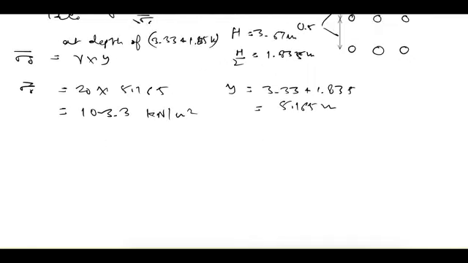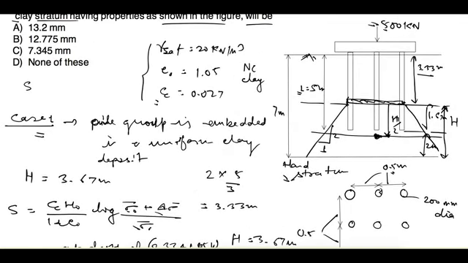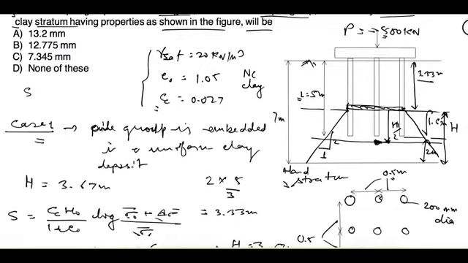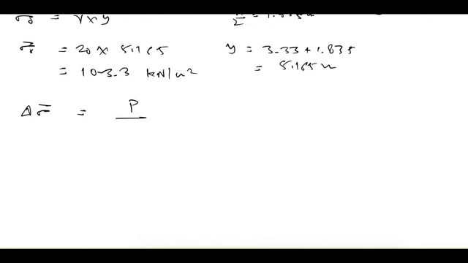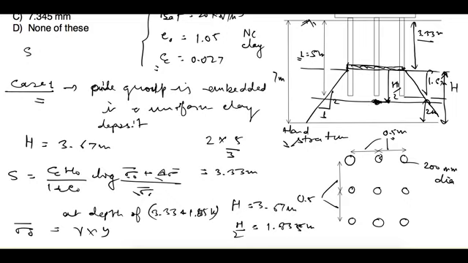And now we have to find out the increase in stress. The increase in stress is because of this load P which is being applied here. So let's say this is equal to P, which is 500 kilonewton, divided by the area at the level where we want to calculate this increase in stress. So this is the level at which we are interested to find out the increase in stress.